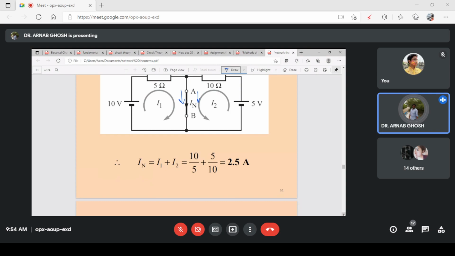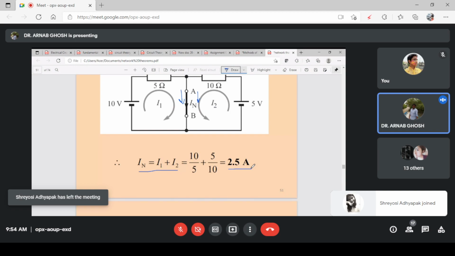This will be IN equals I1 plus I2. I1 is the current flowing through this 5 ohm resistance, so I1 is 10 by 5 and I2 is 5 by 10, and you are getting the total Norton's current as 2.5 ampere. Clear up to this part?